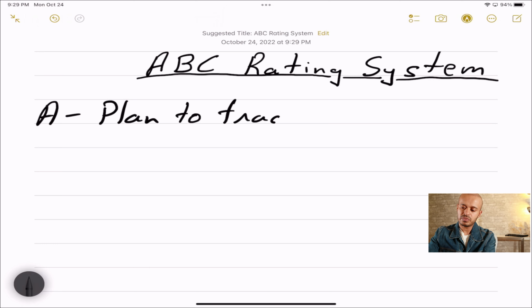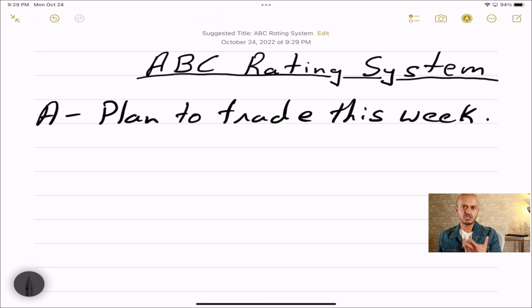So this is something you have your eyes on and would like to make an active effort to trade this week. Now, how would you do this? Depending on the style of trader you are, if you are a day trader, you would analyze the charts through a market scanner, and this could be in pre-market hours.